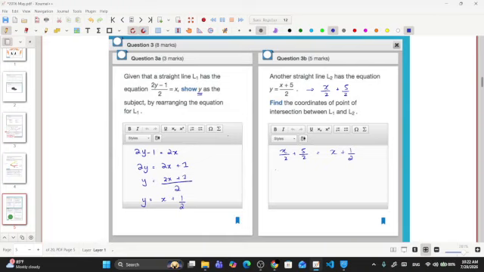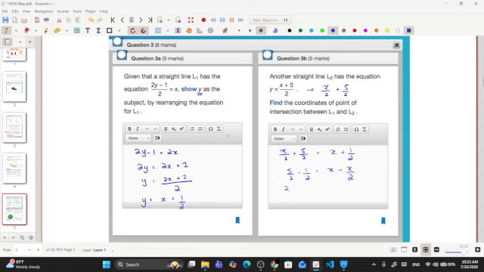Okay, then what? Then we try our best to make x the subject of the equation. So I can write this as 5 over 2 minus 1 over 2 equals x minus x over 2. 5 over 2 is basically 2.5.